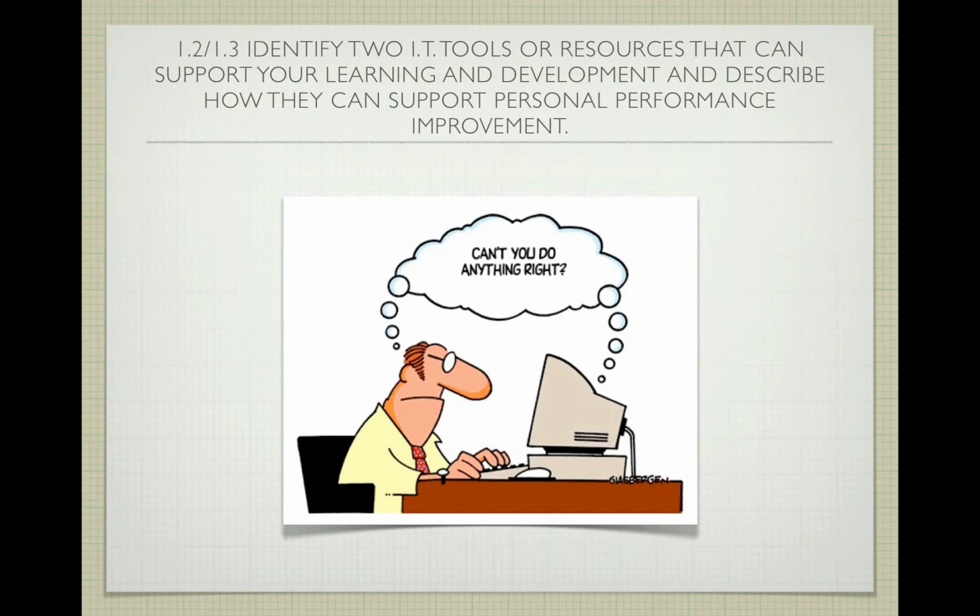I could send them an email, or use some interactive messenger program. Finally, there are websites that I can use. So there are examples of IT resources that support my personal performance improvement, because I'm going to be using them to find things to help me do things in a better manner.